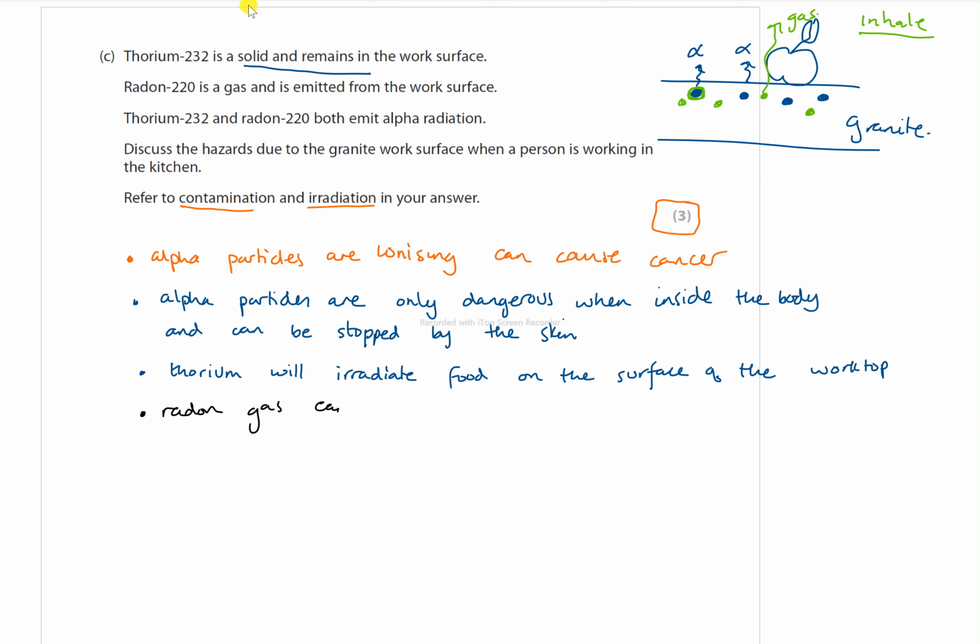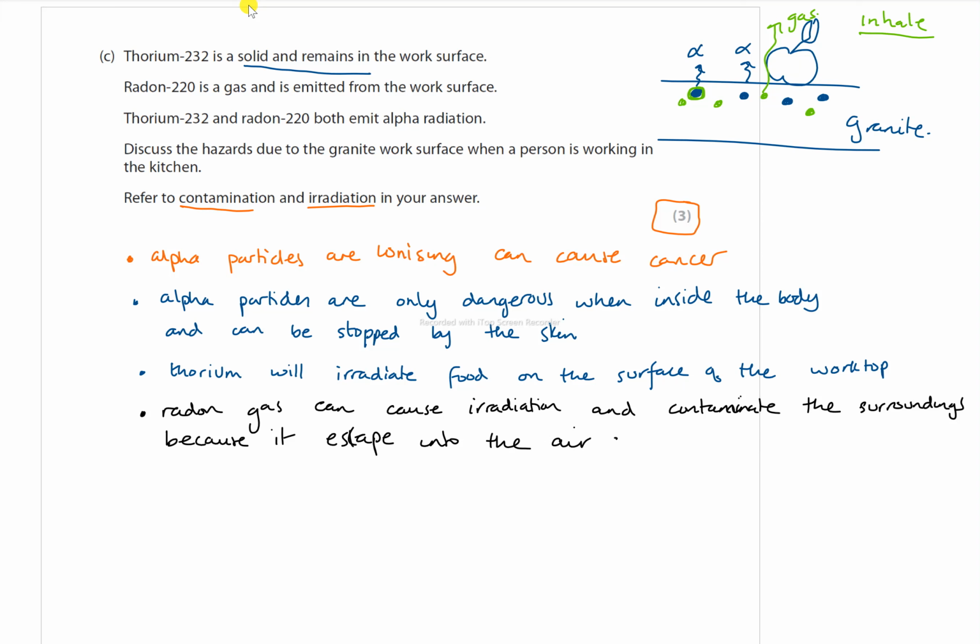Radon gas can cause irradiation of the food and can contaminate the surrounding environment, because it can escape into the air and will be breathed in.